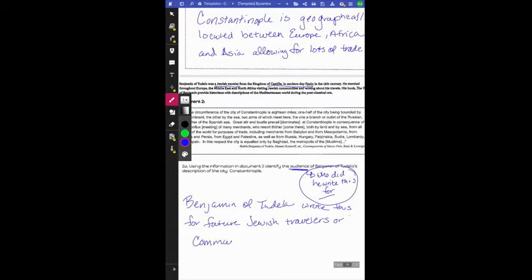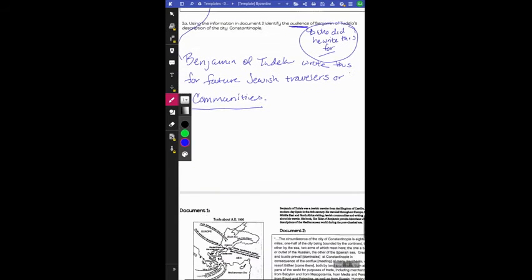How do I know that? Well, he's describing what the city was like, and from up here, it told me that he's traveled throughout, visiting these different communities, and that he himself is a Jewish traveler.